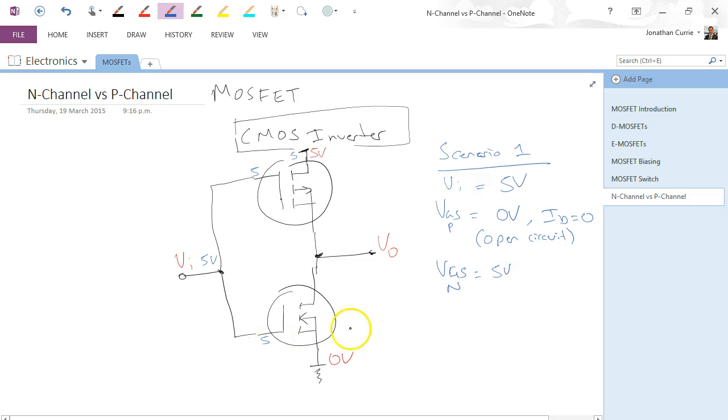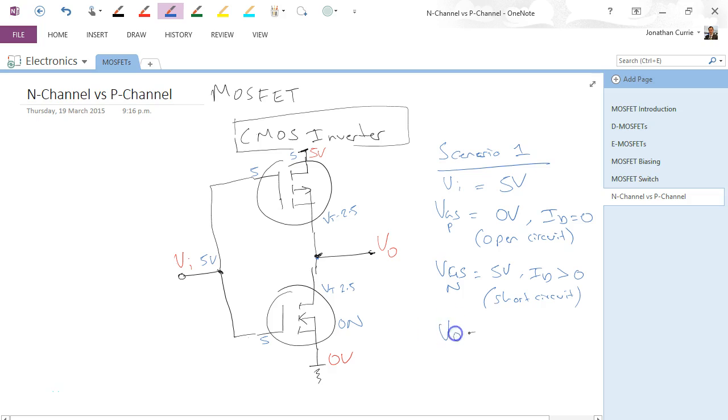Let's say these have a threshold voltage of 2.5, so it's going to be turning on. So therefore ID equals some value greater than 0. Let's assume it's a short circuit. Alright, so we get 5 volts here, this FET comes on, and therefore this point here, V0, gets pulled down to ground, and V0 equals 0 volts.